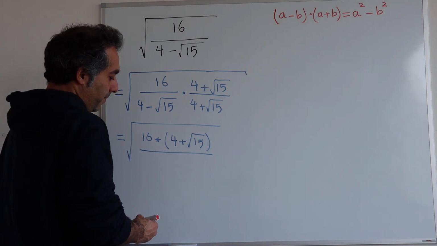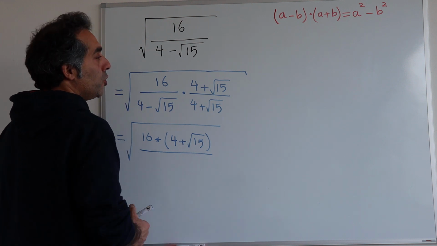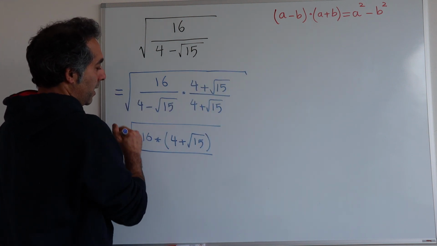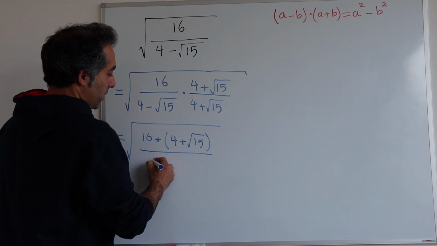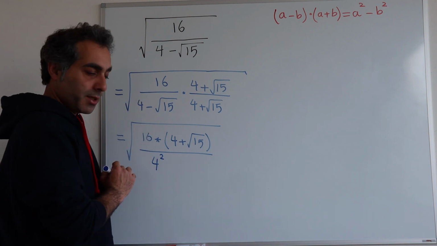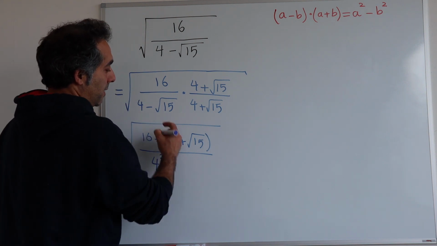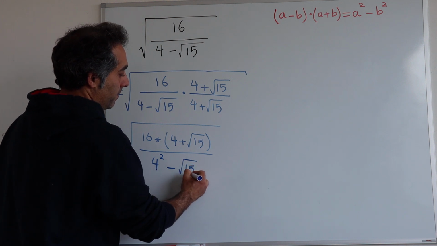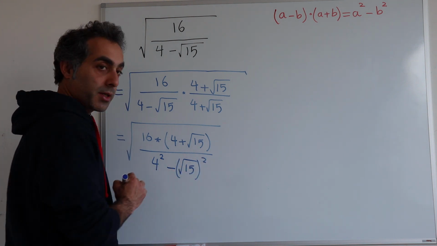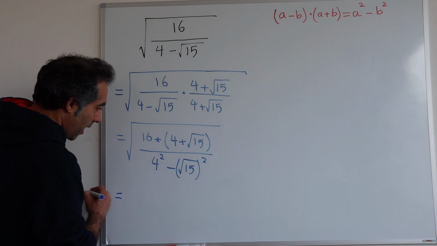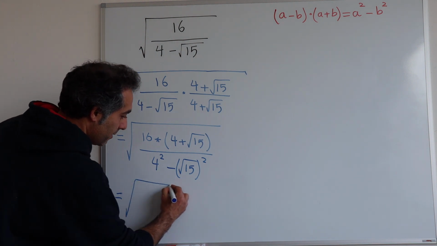Now here, if you use that identity, the first term squared minus the second term squared is the answer.